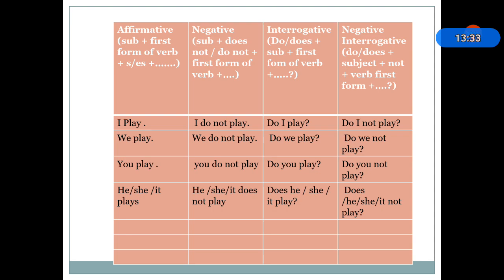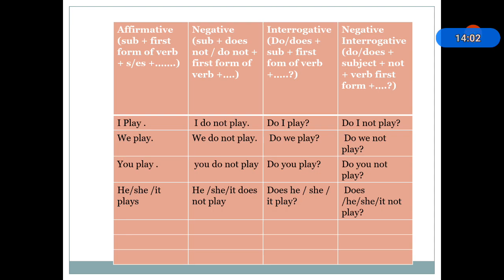We write do. Here do, did, done: do is the first form, did is the second form, and done is the third form. So in simple present tense we always use the first form of verb. With the first person, second person and the plural subject we do not add s or es to the first form of verb.